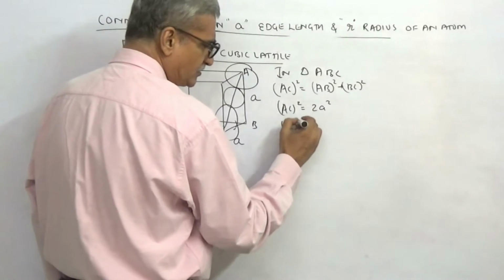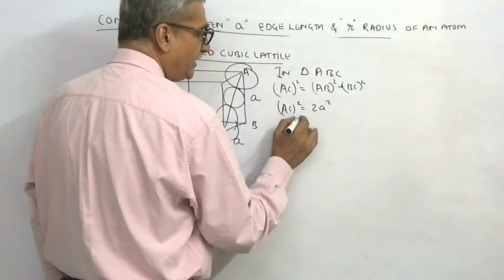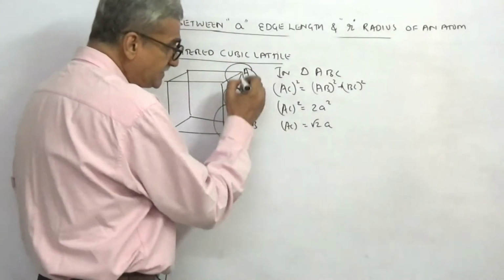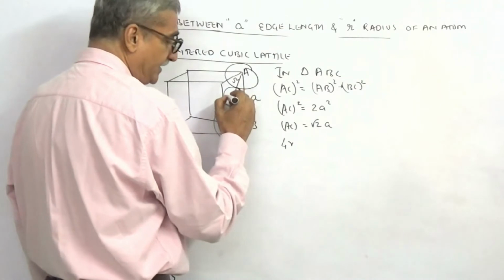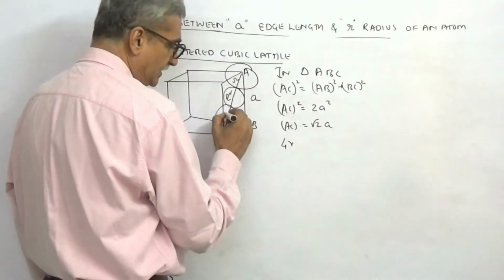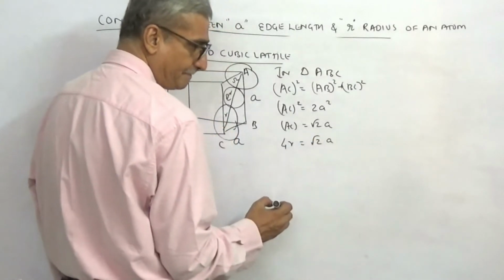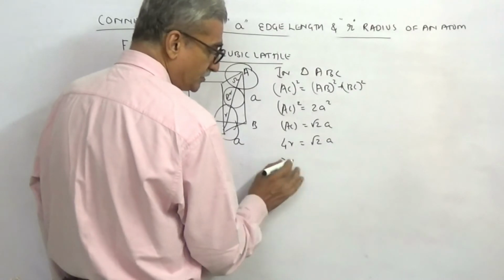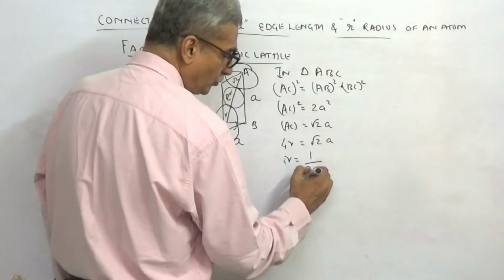So AC will be equal to root 2A. But AC is 4R, na? This is 1R, this is a diameter, so 2R, and this is another radius R. So 4R is equal to root 2A. So this becomes, so R will become 1 upon 2 root 2 A.